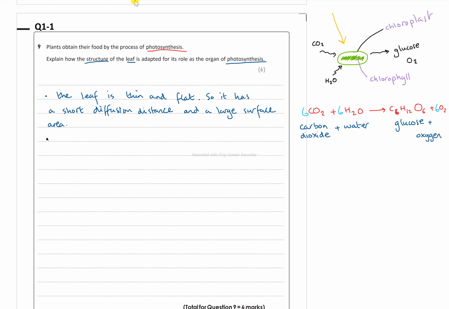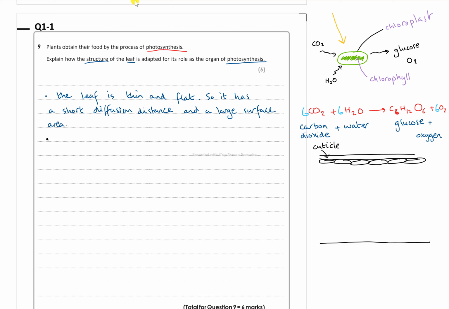Right, now let's draw it actually. This is the upper epidermis, the waxy, well, yeah. You've got your cells here. These are transparent. This here is your waxy cuticle.